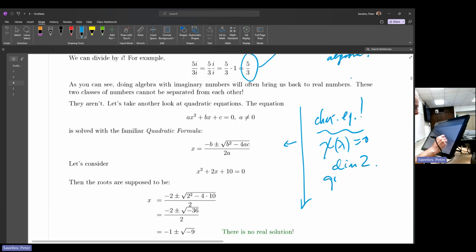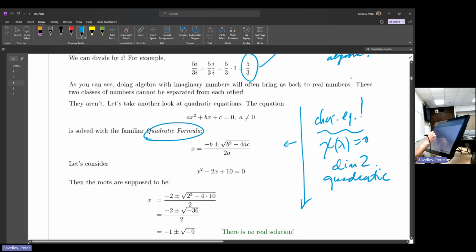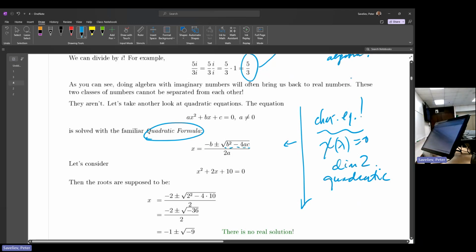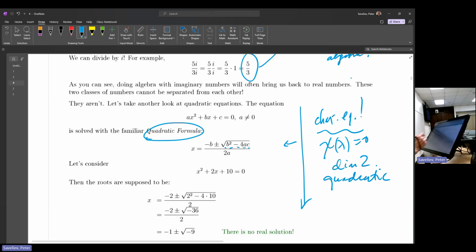A quadratic equation has a quadratic formula, and it has a square root, and that square root is the square root of the discriminant. Remember the discriminant, and so it can easily be negative, in which case in that place the quadratic formula will produce an imaginary number.